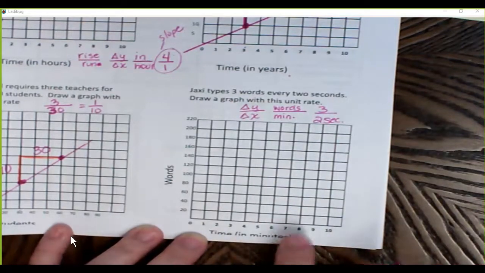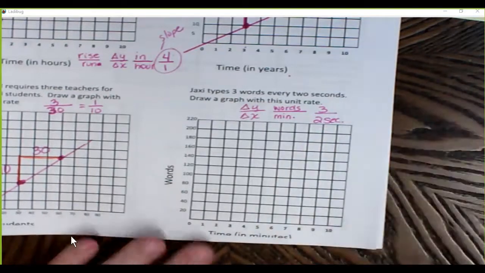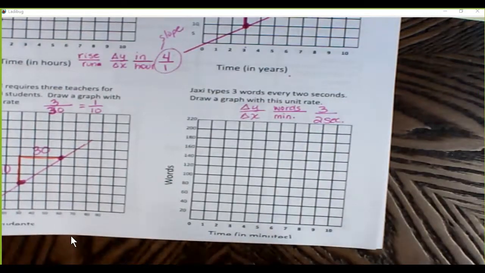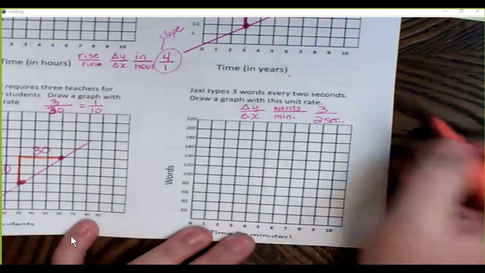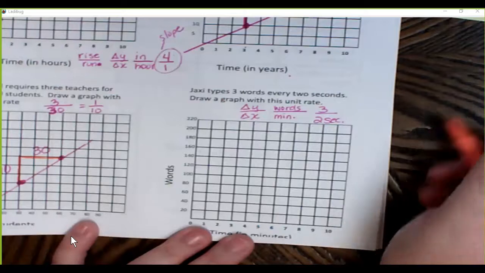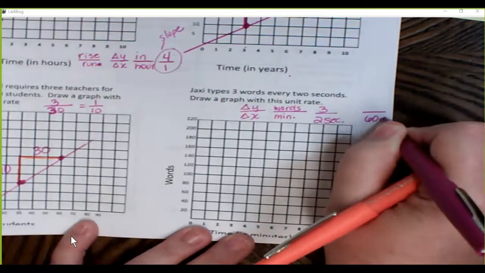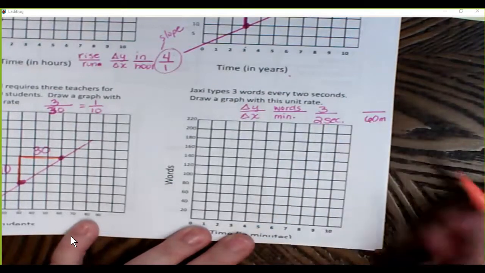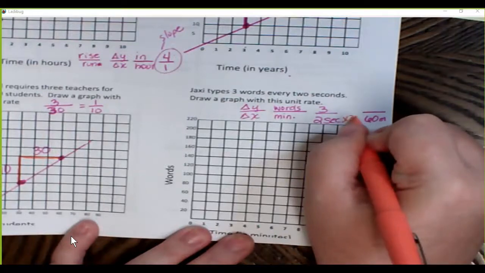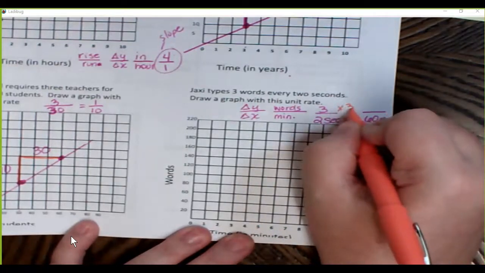What do I need to do to get my denominator here to minutes? I have to do some multiplication. If this is 2 seconds, how many seconds are in a minute? I know there are 60 seconds in a minute, so how did the 2 go to be a 60? Times 30. But what I do to the bottom, I need to do to the top.